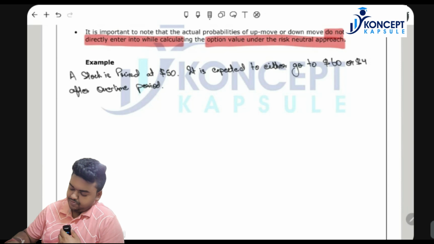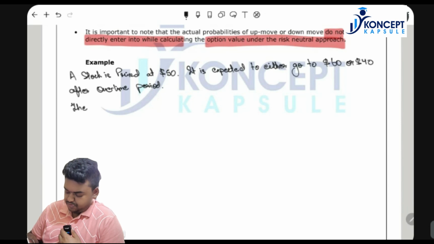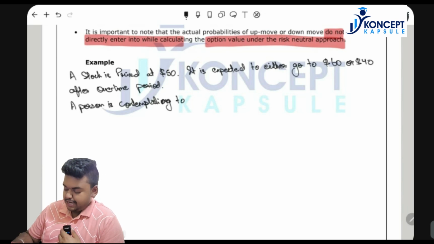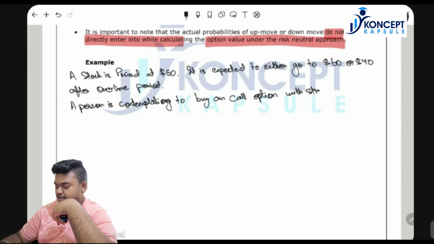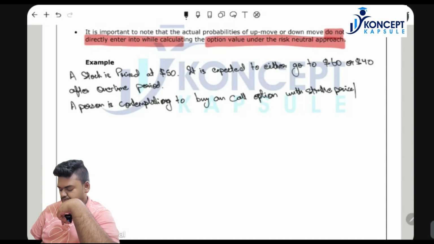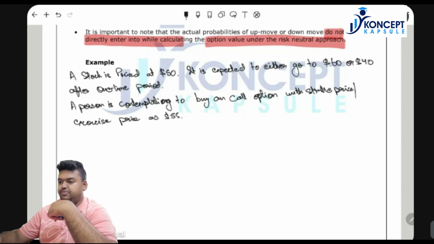A person is contemplating to buy a call option with strike price or exercise price as $55.